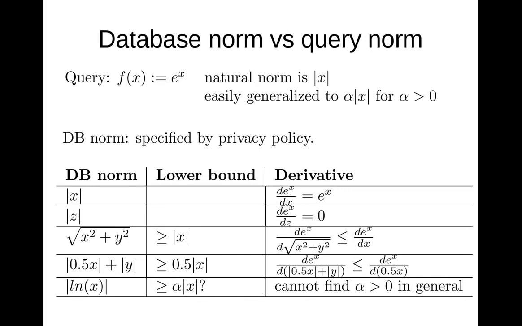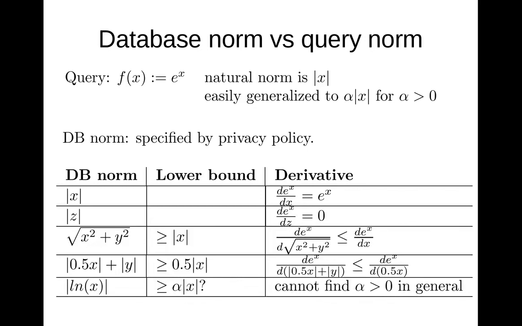We are able to compute the sensitivity of a query with respect to one norm, but we are really interested in the sensitivity with respect to a different norm. Consider still the same query here, computing the exponent of x, and then consider also possible database norms, some examples of which are given in the left column of the table. What we are now going to do is upper bound one norm with a different norm.